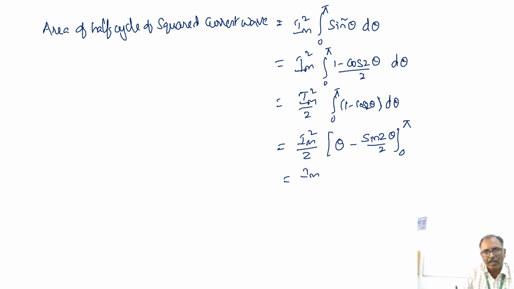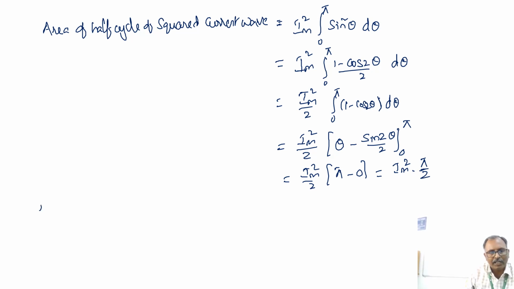So Im square by 2, here the limit is pi minus 0, and the sine terms all go to 0. So we are going to get Im square into pi by 2 as the area of half cycle of the squared wave.